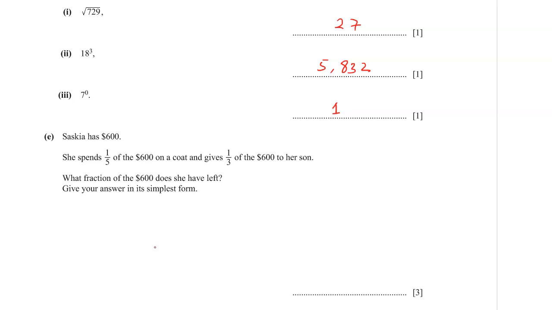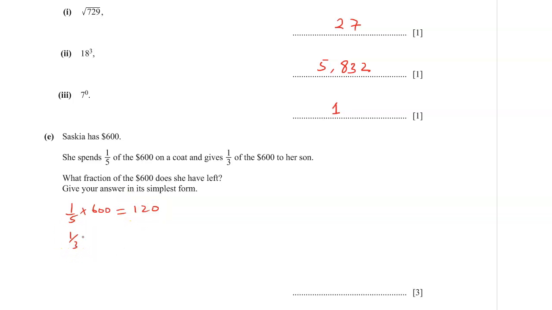C. Saskia has $600. She spends a fifth of $600 on a coat and gives a third of the $600 to her son. What fraction of 600 does she have left? Give your answers in the simplest form. So a fifth of 600 is 120.